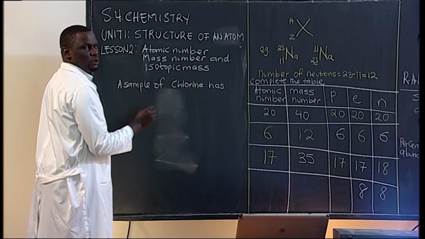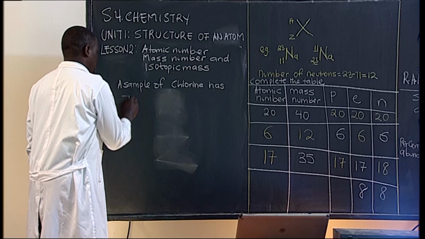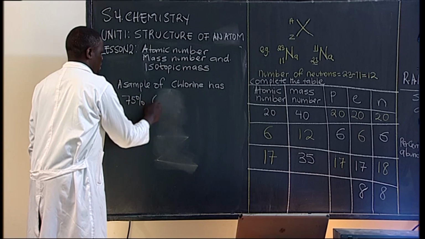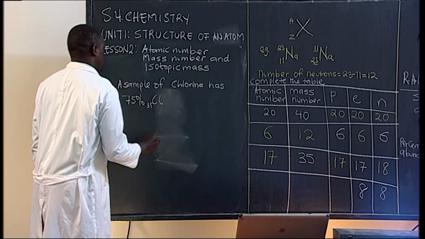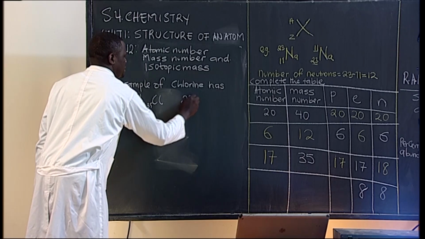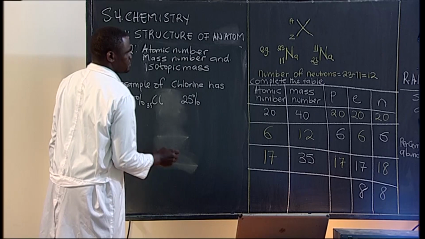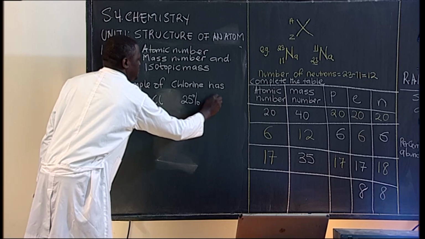So this time we are going to have 75% chlorine 35, and then you also have 25% chlorine 37.